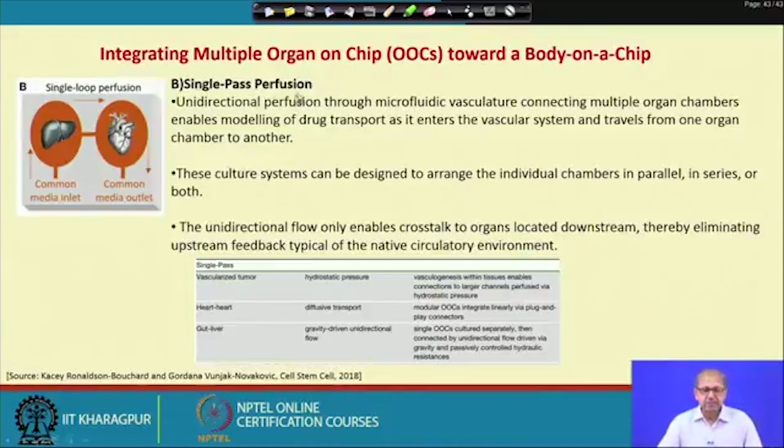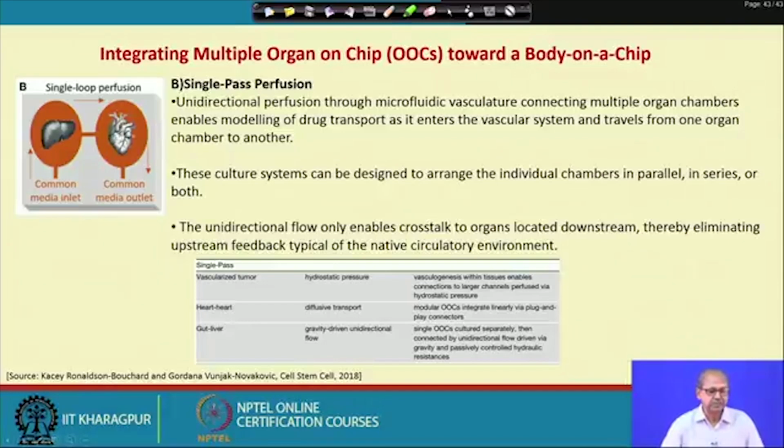Then integrating multiple organ on chips by single pass perfusion, where convective flow is there. This is a common media inlet and common media outlet, and in that fashion these organs on chip could be connected either in parallel or in series or in both ways.